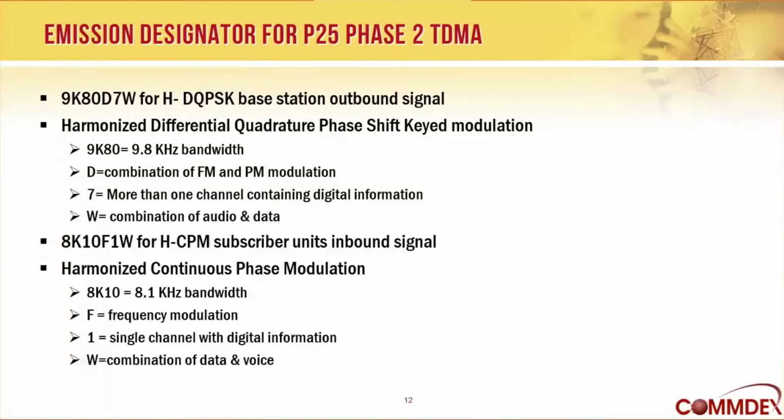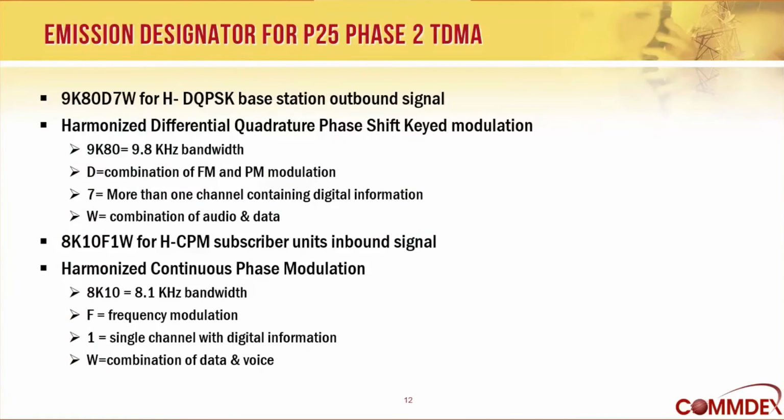For phase 2, we have more complex modulations with different emission designators. So the downlink signal in a phase 2 TDMA system, you might see 9K80 D7W. HDQPSK stands for Harmonized Differential Quadrature Phase Shift Keying, and that's why we don't spell it out.